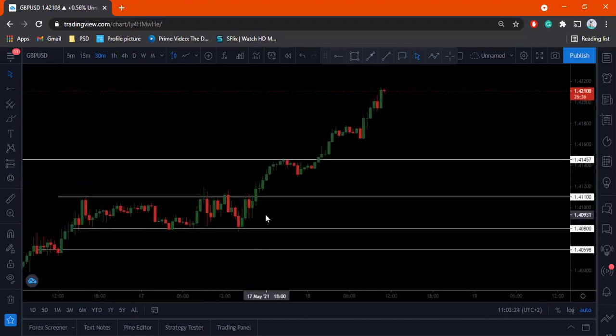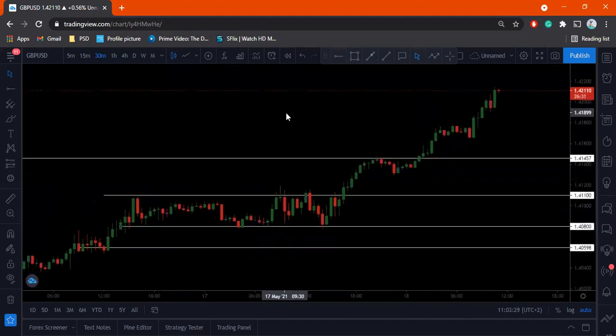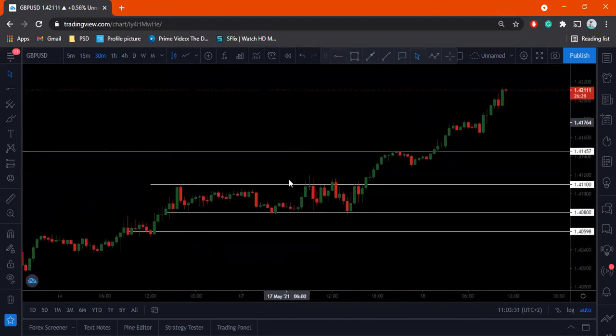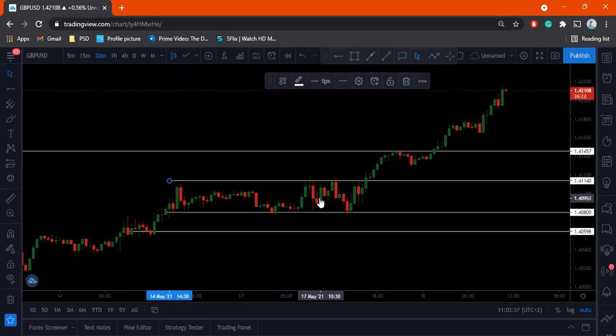So this was our support. And the last time we talked, price was around this area, and we were looking at this candle closing at this low.